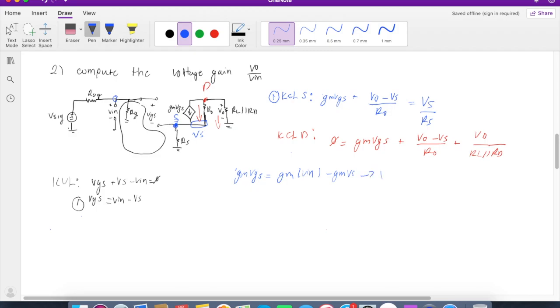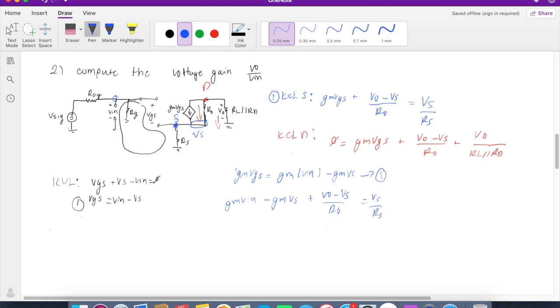We'll write an arrow pointing into 1. We get gm Vin minus gm Vs plus Vout minus Vs over Rout equals Vs over Rs.